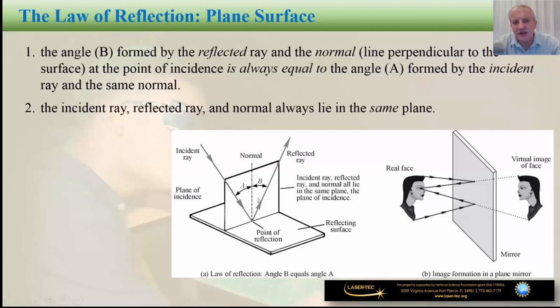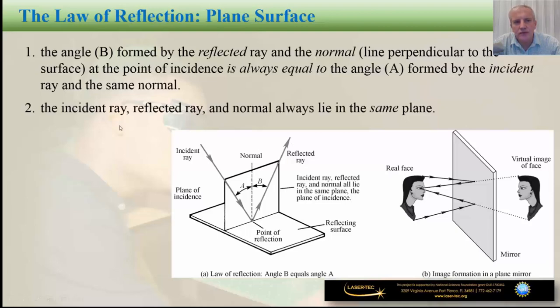And that's how we can establish the direction at which the reflected light ray propagates. Once you measure the incident angle A, on the other side you can establish that same angle as the reflected angle, which is going to determine the direction at which the reflected light ray propagates.